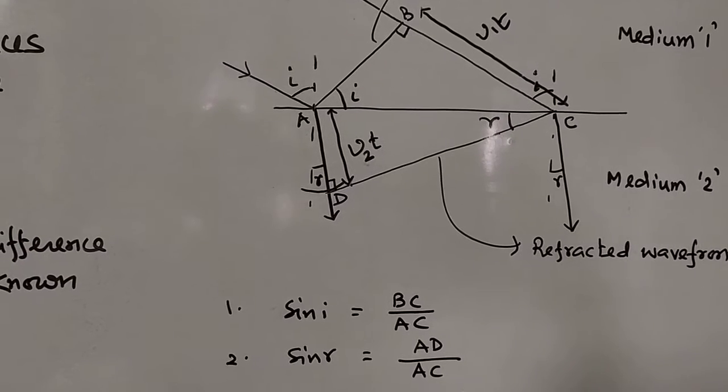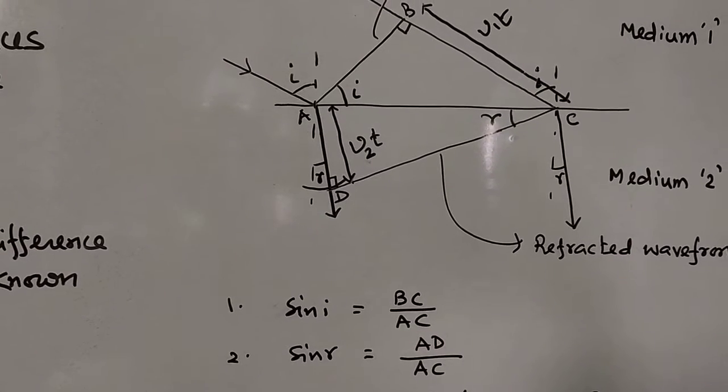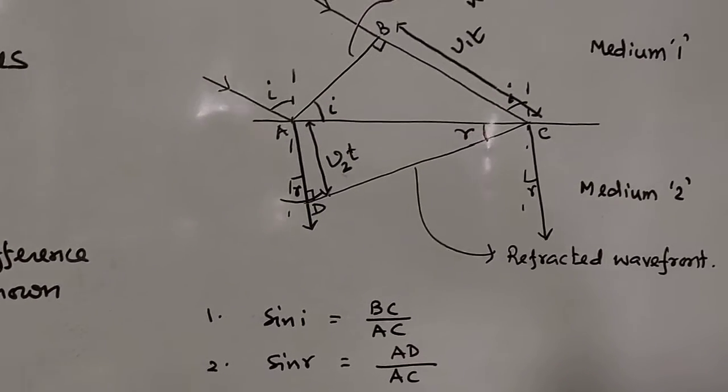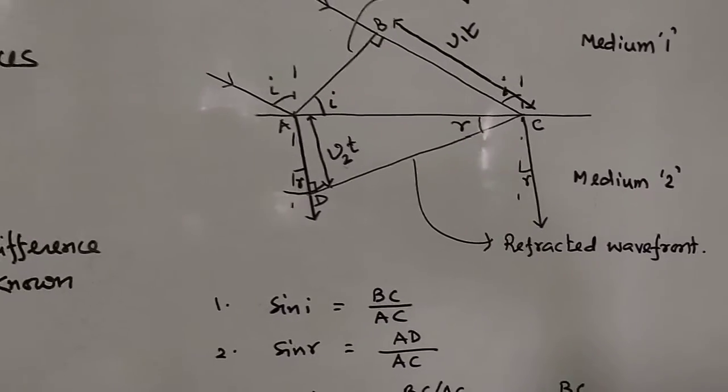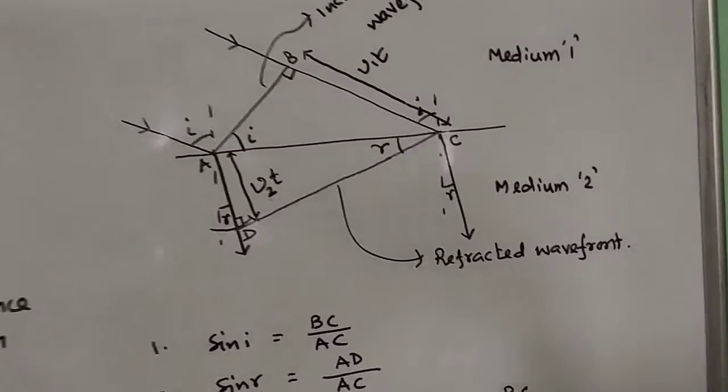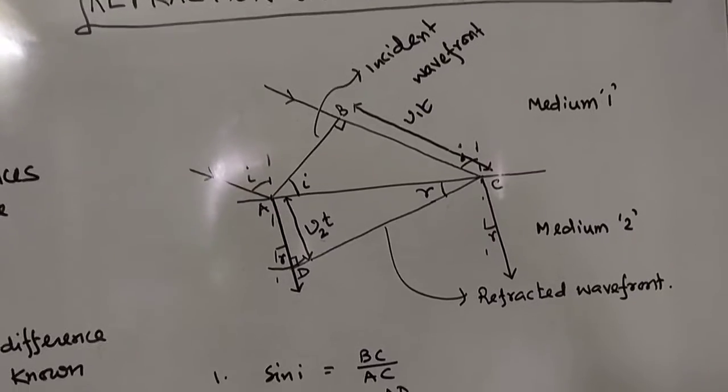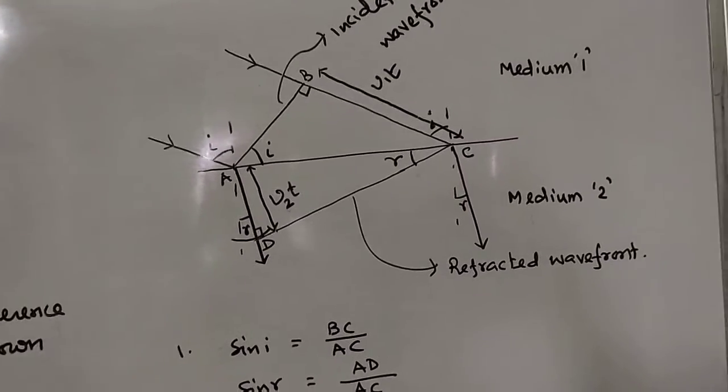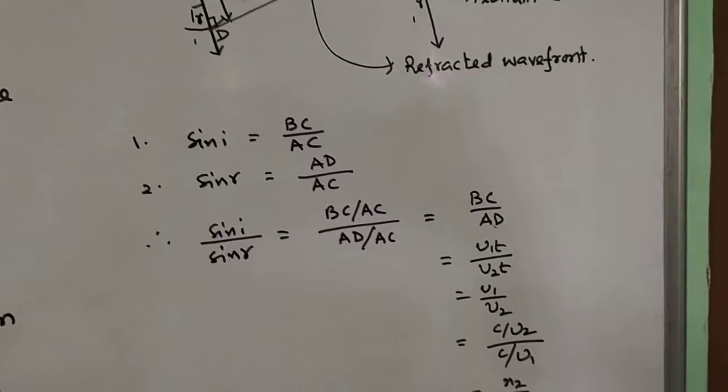Now we draw a tangent from point C to the arc, and that is nothing but your refracted wavefront. Once we construct the incident wavefront and refracted wavefront, the rest is very simple mathematics, or simple geometry, you can say.